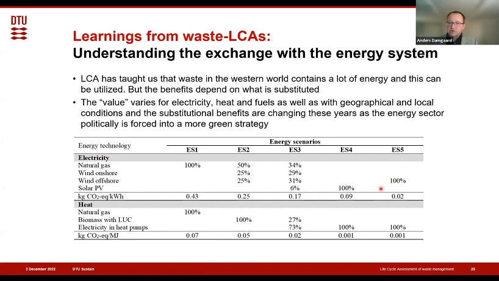This is, of course, good from an energy system perspective. It means that when we use electricity, we have less impact, but it also means if I start producing more electricity, I get less benefit out of that, because the alternative might actually be less impactful to the environment.